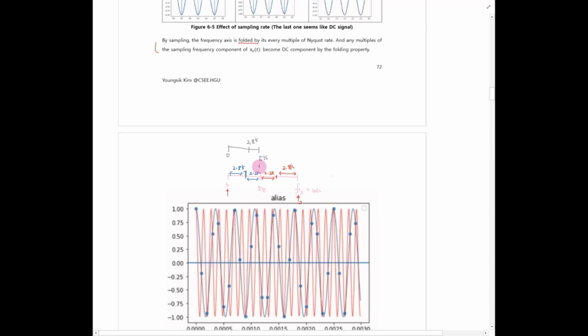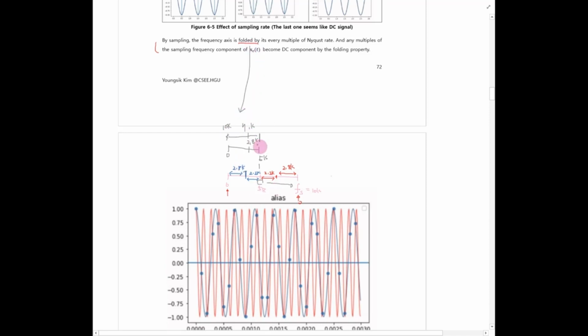From here, this part is folded back. So this is 5k, and back to DC. This is 10k. This is 5k, and this one is 7.2k, and around back to here, DC. This is the folding concept.